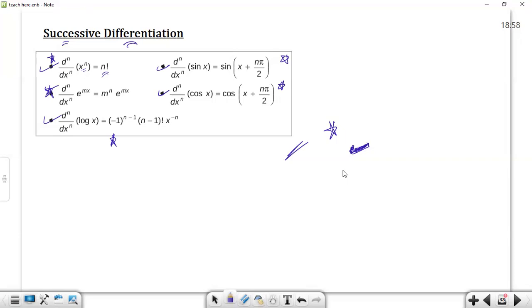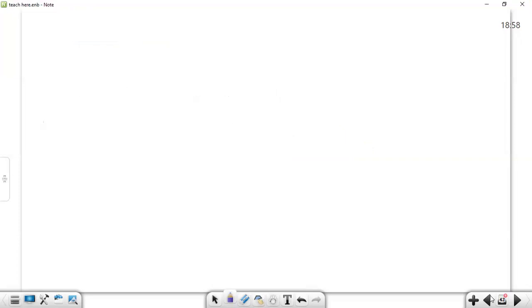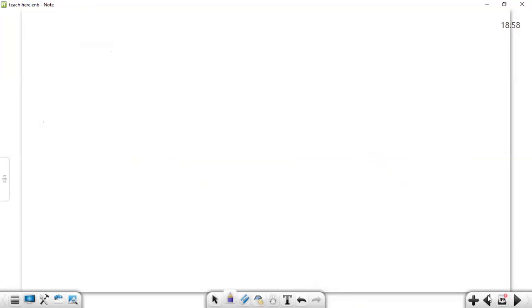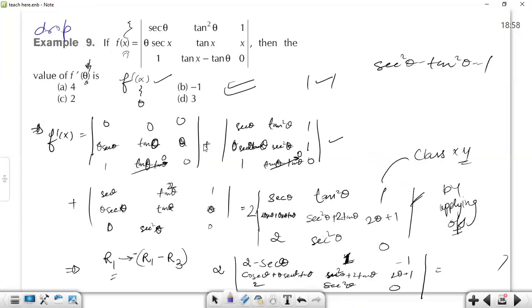Is everyone there? Is there any doubt? Except this determinant question, I'll bring its solution tomorrow.